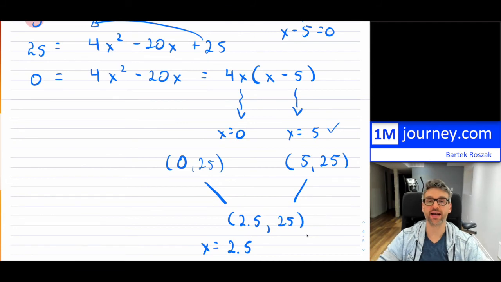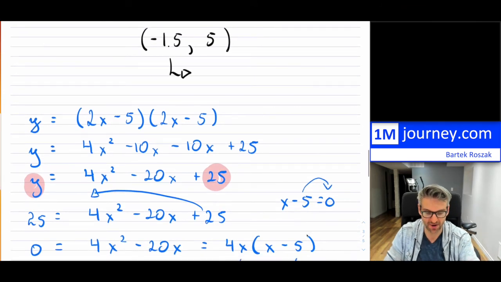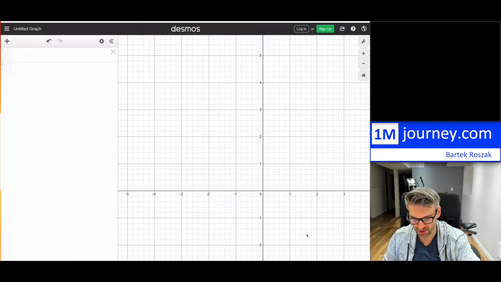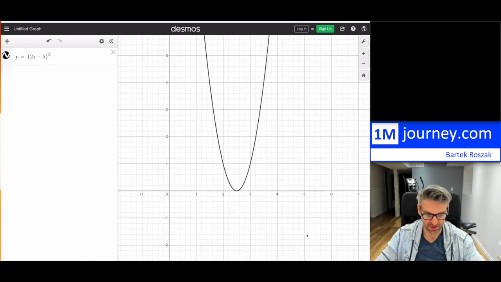Let's try that out and see if that's actually true. So I'm going to map this out. This is 2x minus 5 squared. I'm going to go back here to Desmos. Let me remove these. We have y is equal to 2x minus 5 squared. Notice this is what it is.